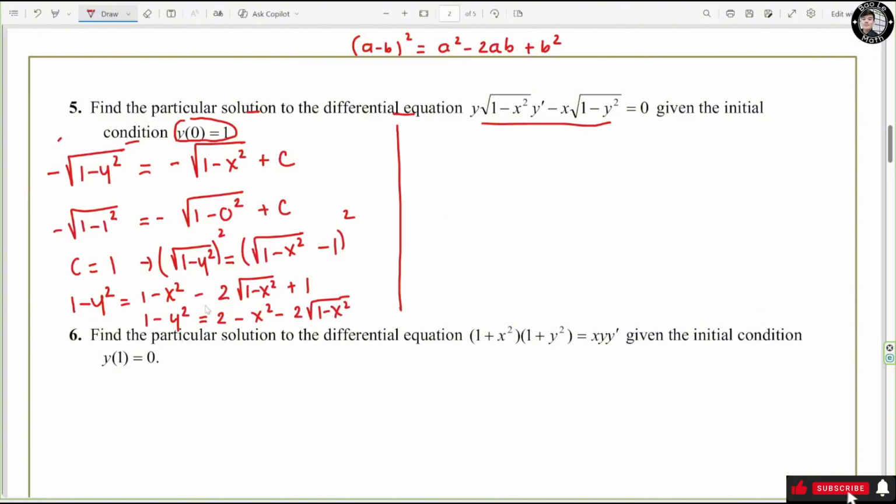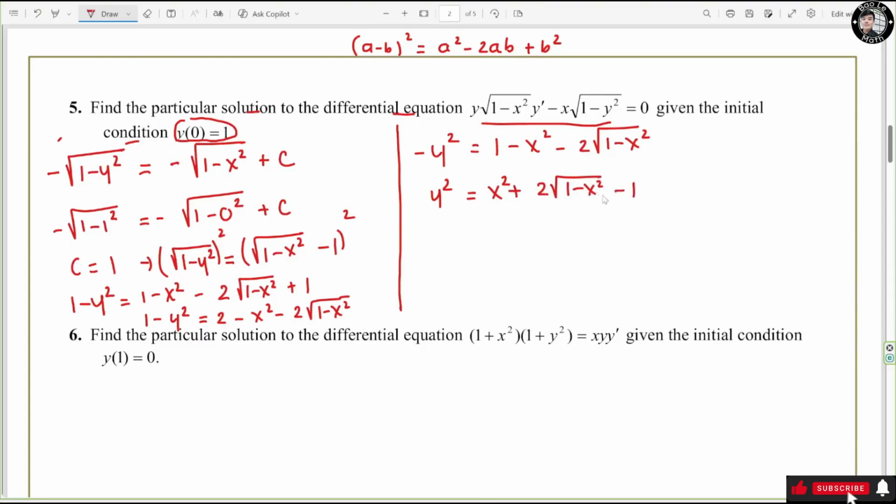Now I just subtract 1 from both sides, so I have negative y squared equals 1 minus s squared minus 2 square root of 1 minus s squared. And then I'm going to multiply both sides by negative 1, so y squared equals s squared plus 2 square root of 1 minus s squared minus 1.